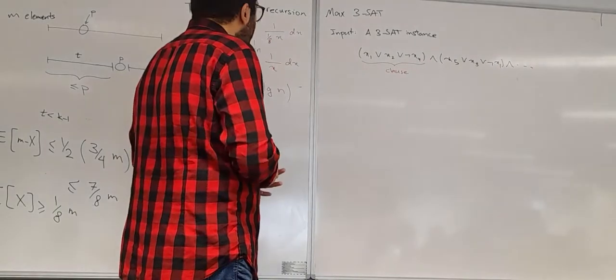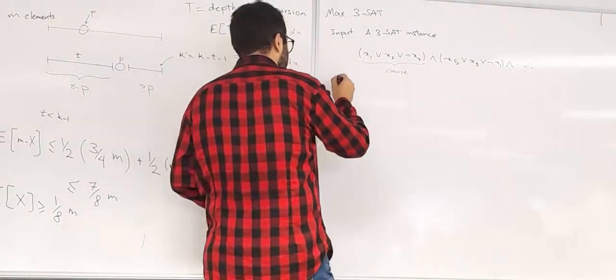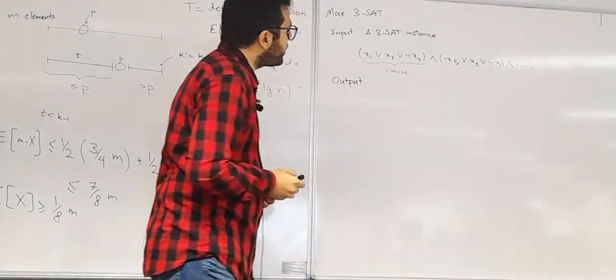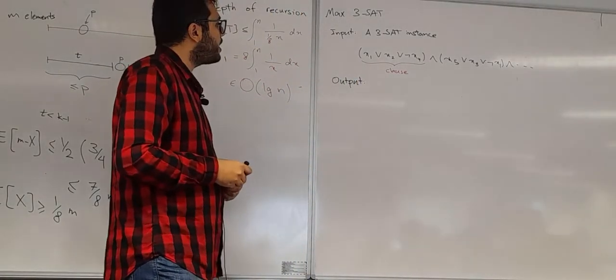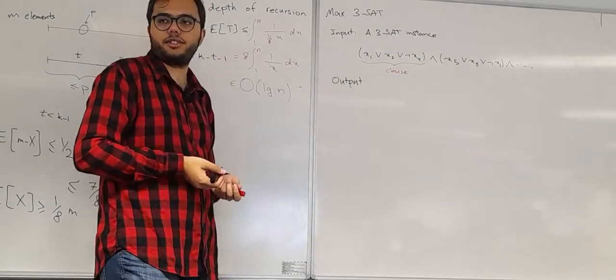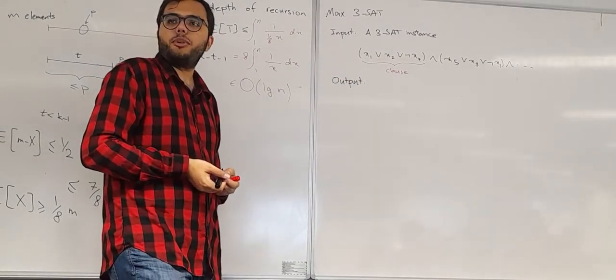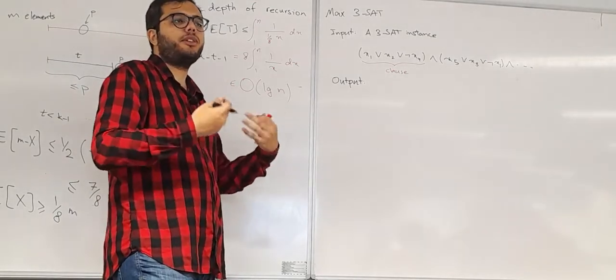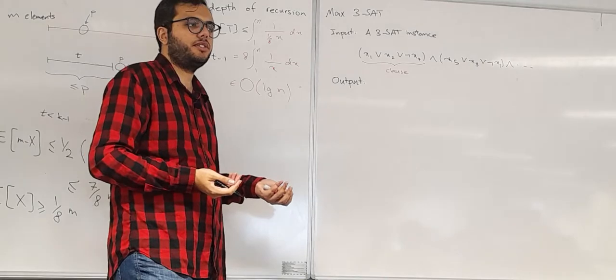Now the output. In a normal 3-SAT instance, you would be asked to find some valuation for all the variables so that all the clauses are satisfied, right? But here I want to say: find a valuation such that the maximum possible number of clauses are satisfied.